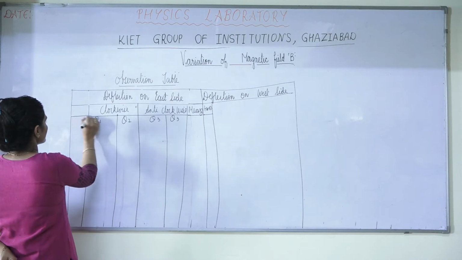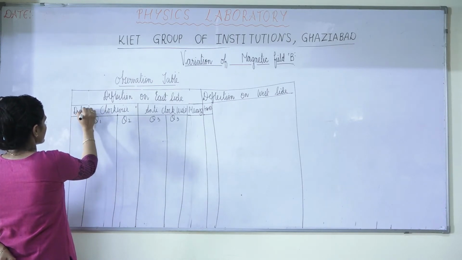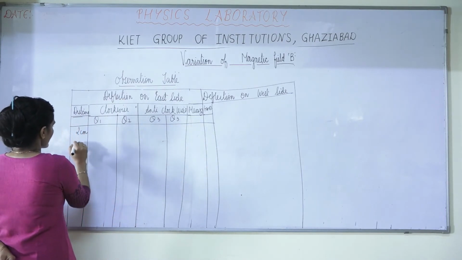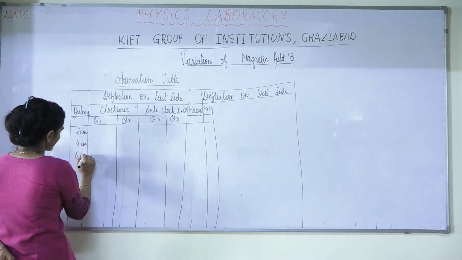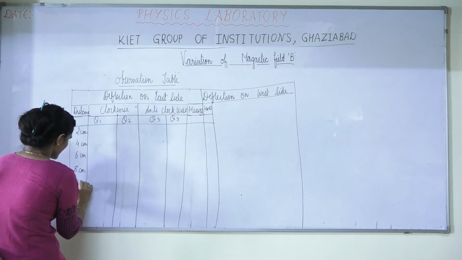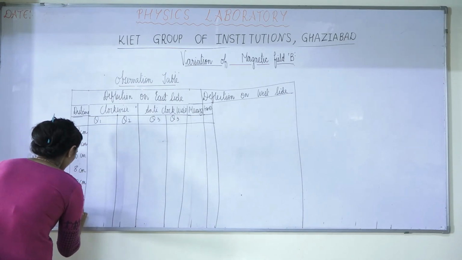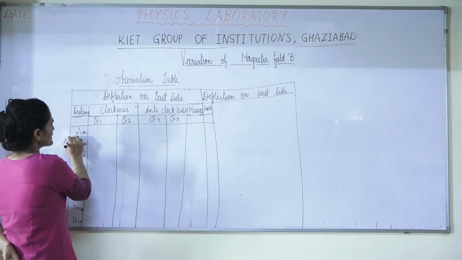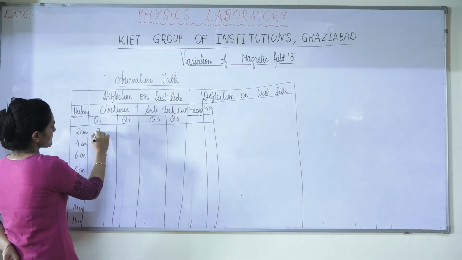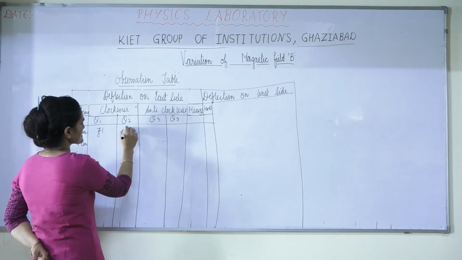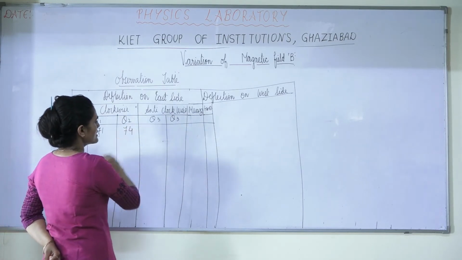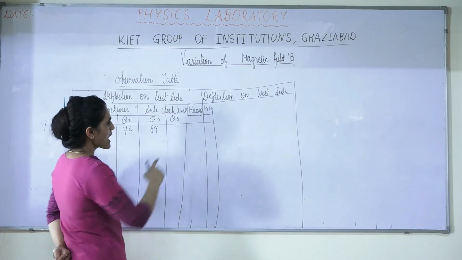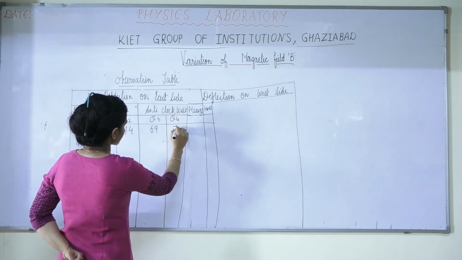So here this column is my distance, and distance I will start over here from 2 centimeter, then 4 centimeter, then 6 centimeter, 8 centimeter, 10 centimeter, 12 centimeter, 14 centimeter and 16 centimeter. So in the first case, I am getting the value of theta 1 as 71 degree, and theta 2 as 74 degree. Similarly, for the anti-clockwise direction, I am getting the value of theta 3 as 69 degree, and theta 4 as 72 degree.